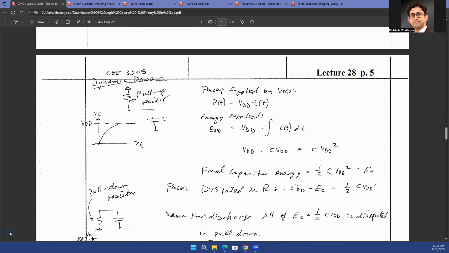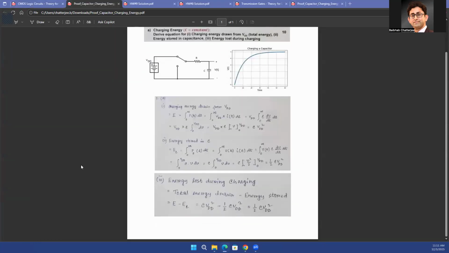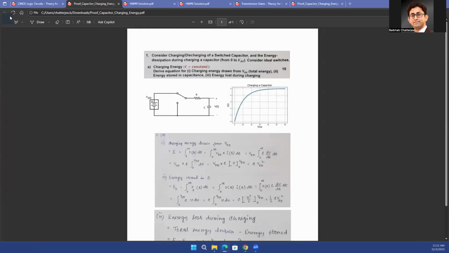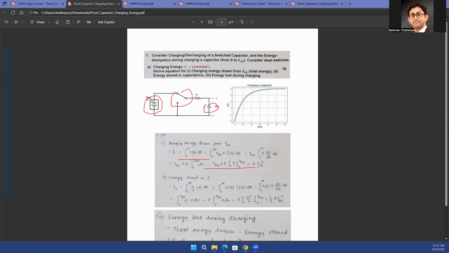Also, at the same time, they are charging up the capacitor or discharging the capacitor. You have already seen how to figure out the power consumption while charging or discharging a capacitor. We discussed in the previous lecture that as you are charging from, let's say, VDD using a switch and a capacitor, you have already seen how we did the integration, and the charging energy that you're drawing from VDD is CV squared.